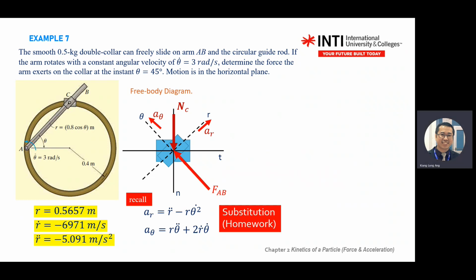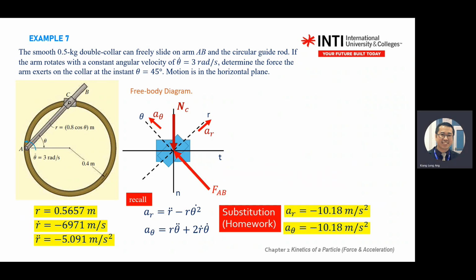When you deal with r theta or cylindrical coordinate, you need to use this equation: AR equals R double dot minus R theta dot square, and A theta equals R theta double dot plus 2R dot theta dot. Remember this one when you see cylindrical coordinates. This is why we need to do double differentiation for your R and double differentiation for your theta, because we need them to calculate your AR and A theta.